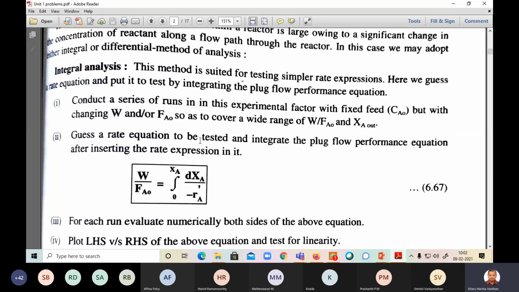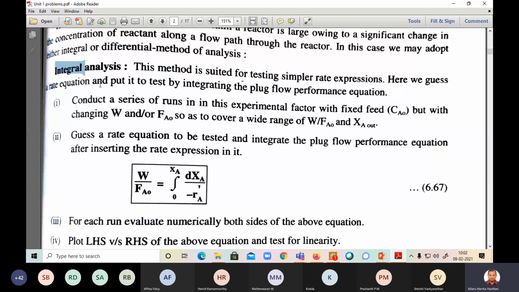So this method is suited for testing simpler rate expressions, because in the integral method of analysis, we assume some form of the rate expression and try to fit our experimental data to that. But if the reaction order is more than that, then the integral method of analysis fails. Then we have to go for the differential method of analysis.